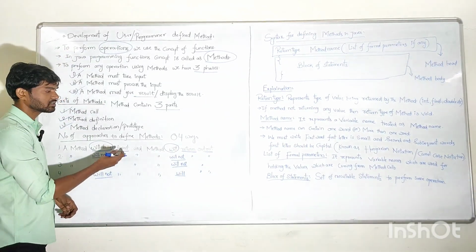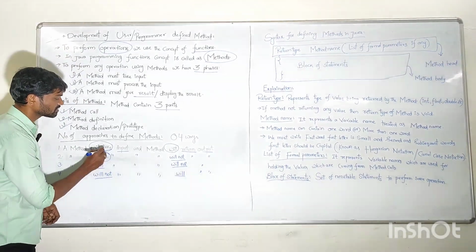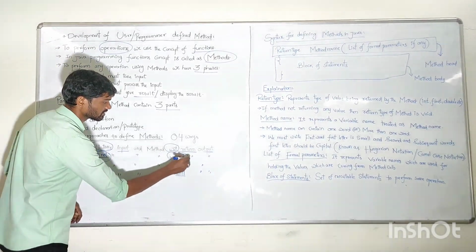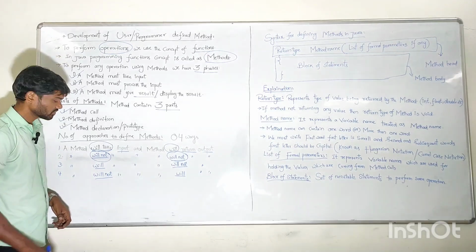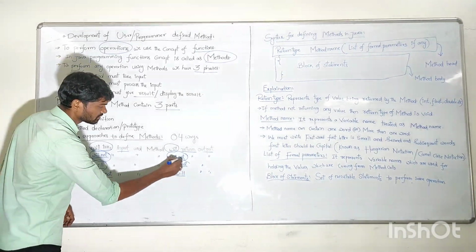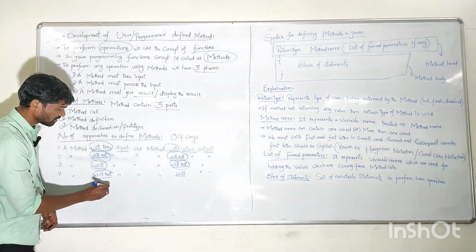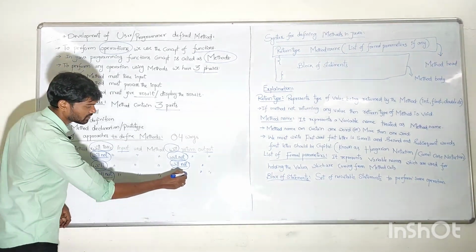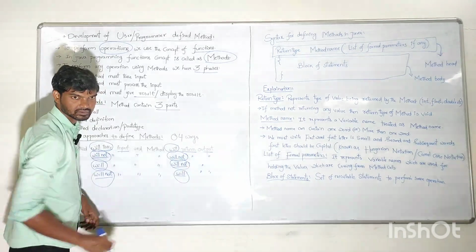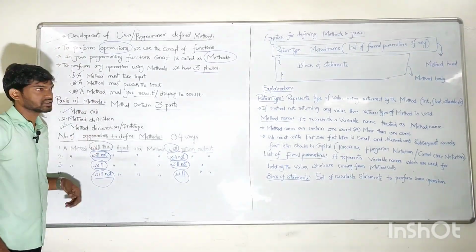The second one is the method will not take the input and will not return any output. The third one is the method will take the input, but will not return output. The fourth one is the method will not take the input, but will return the output. These are the four approaches where we can define the methods.